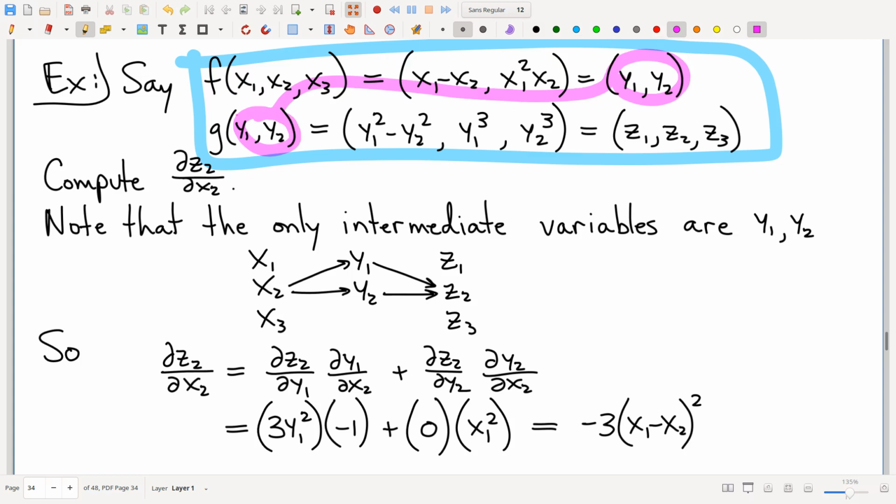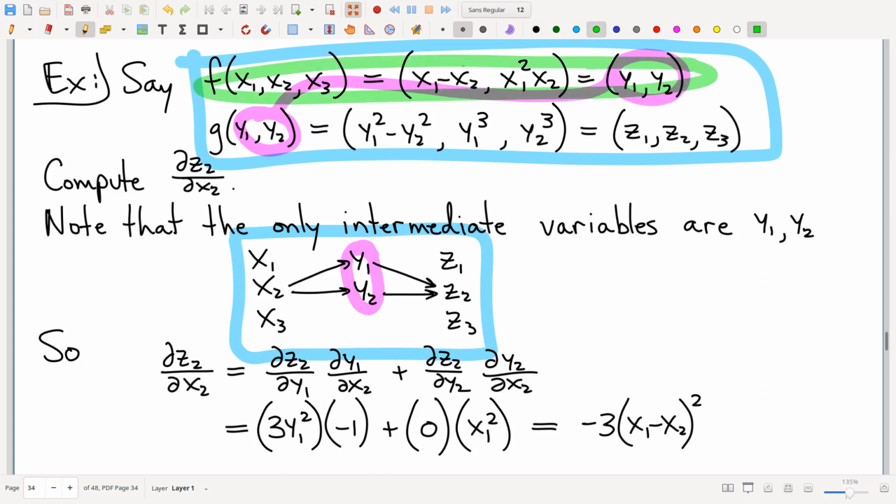I'm going to represent all of this with my intermediate variables y1 and y2 by representing how those depend on the x's, like so, and how the z's depend on the y's, like that.